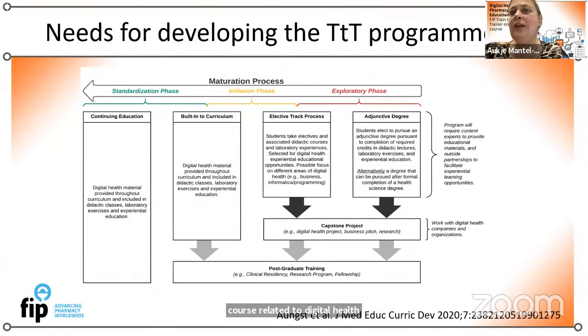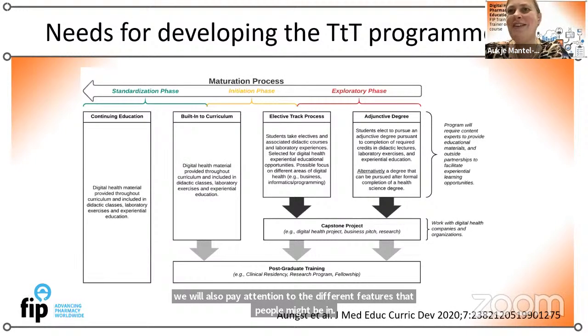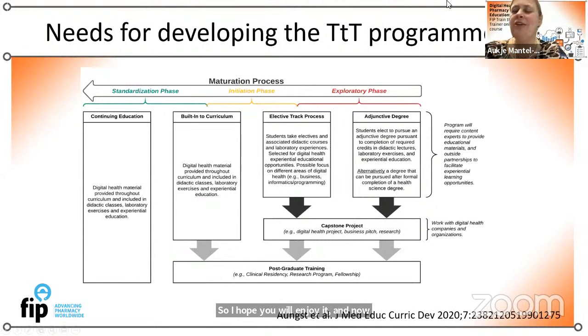Some might be in the initiation phase, where they may have an elective track, where they really start to build into the curriculum. And some might already be in the standardization phase, where it really becomes an integrated part of the full curriculum. But wherever you are, we hope that you will benefit from this course, and we will also pay attention to the different phases that people might be in. So I hope you will enjoy it, and now hand over back to Naoko.